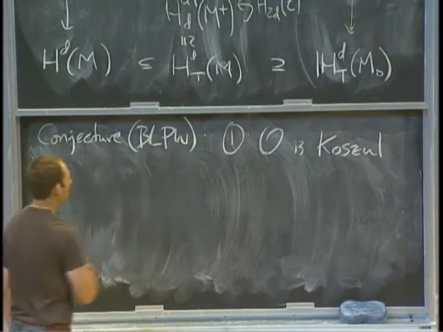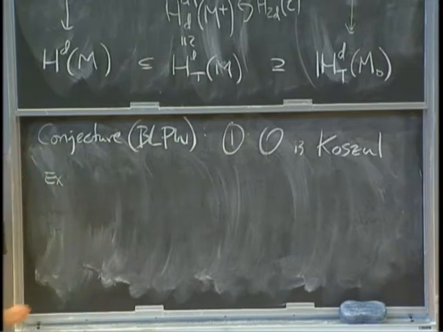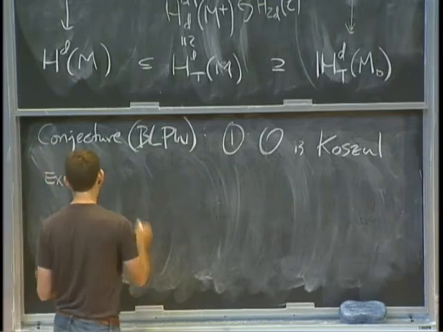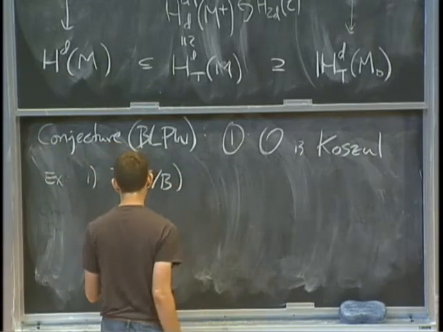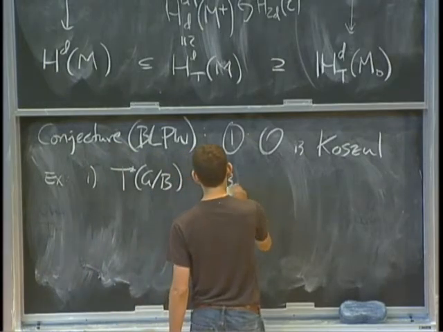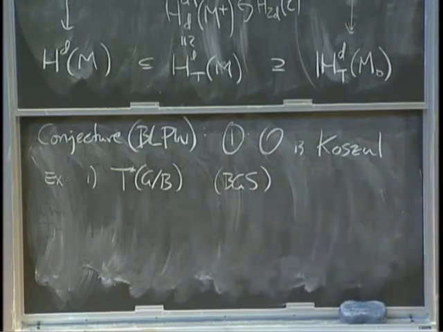And for each of the parts of this conjecture, I want to give you some examples where we know it's true. So the first pioneering example is when I take the Springer resolution. The Koszulity of the associated category O is due to Beilinson-Ginzburg-Soergel. So this is the beginning of the study of a lot of this stuff.